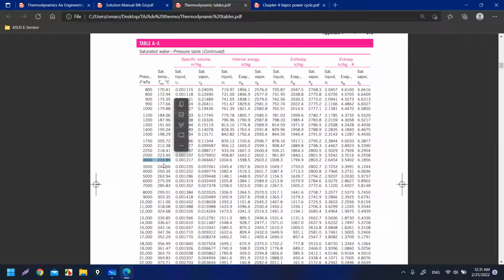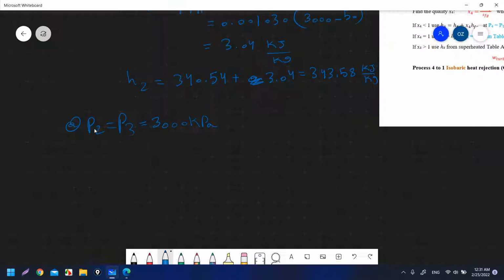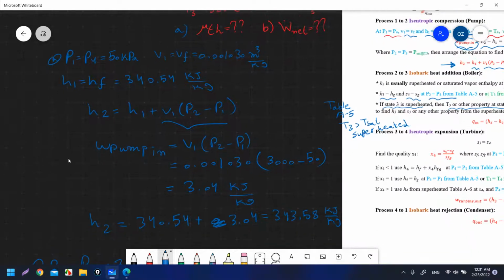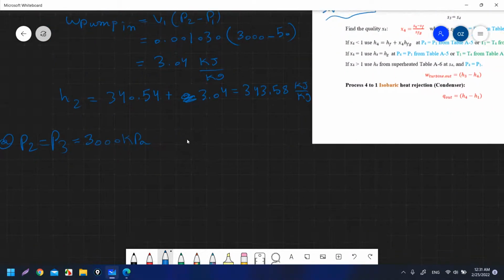Tsat is 233.85 and T3 given in the question is 300. So T3 is higher than Tsat, the saturation temperature: 300 degrees Celsius is higher than 233.85 degrees Celsius, so it is a superheated state.